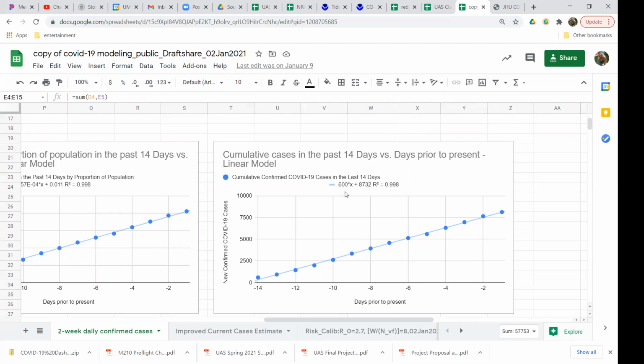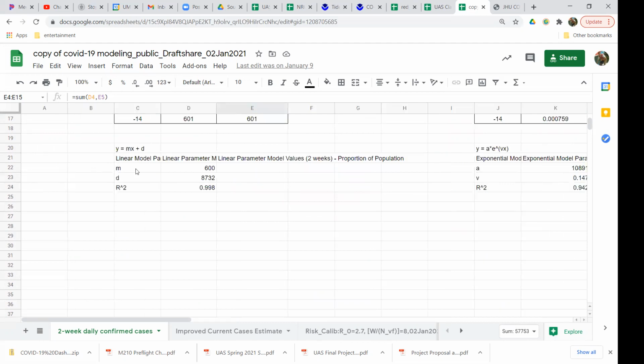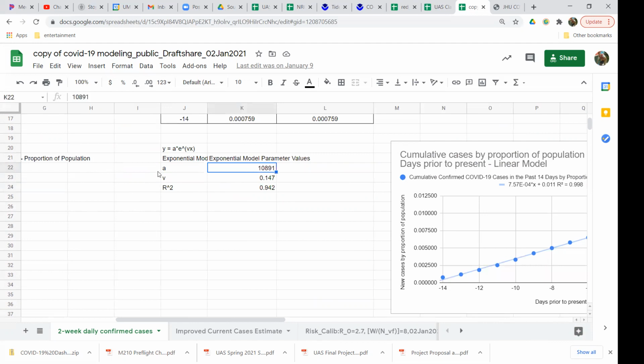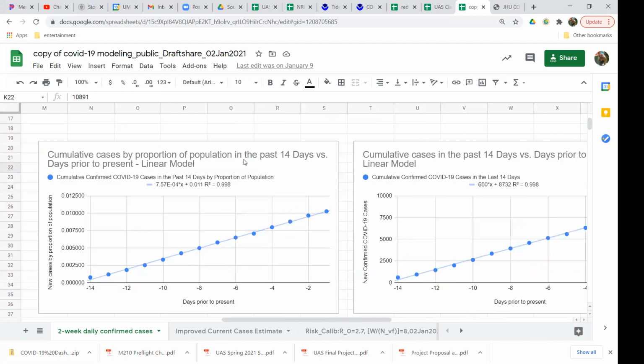You can just use the slope for the linear case, or you can take these values and enter them in the parameter values here. For the linear model, you have the slope, the m, so if the form is y equals mx plus d, the y-intercept is here, and you can enter those values in. And for the exponential model, you can enter those values over here.